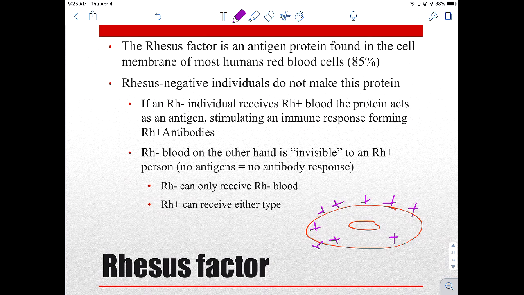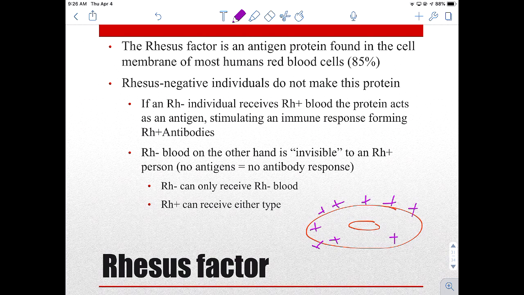And so the interesting thing is that 85% of people are Rhesus positive. That's around the world. But there are some individuals who are Rhesus negative. And so a Rhesus negative individual means that they do not create this thing. So wherever we had that little bump on the cell membrane in that picture, that would be smooth.